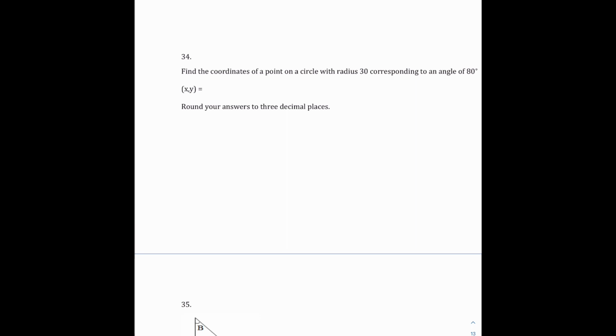Find the coordinates of a point on a circle with a radius 30 corresponding to an angle 80 degrees. So now I'm going to try to draw it in the first quadrant. Okay, so here is the point. Here is x and y, which means this is basically y, and this is x, and this is 80 degrees.